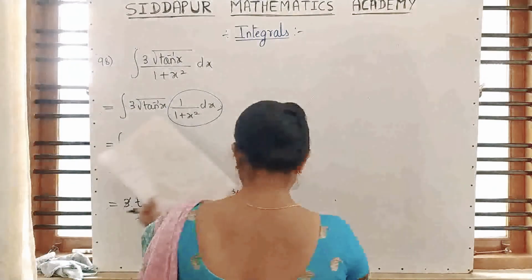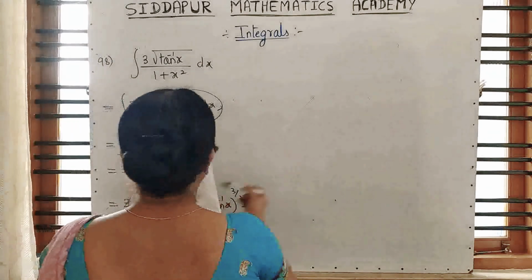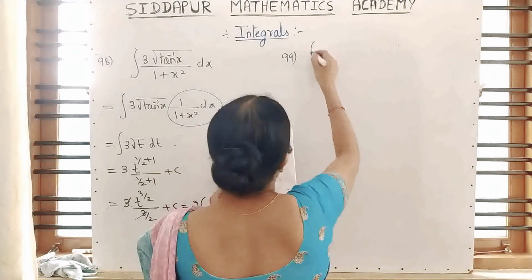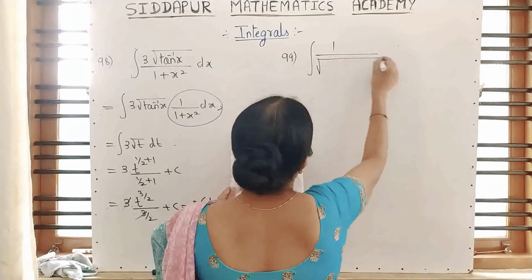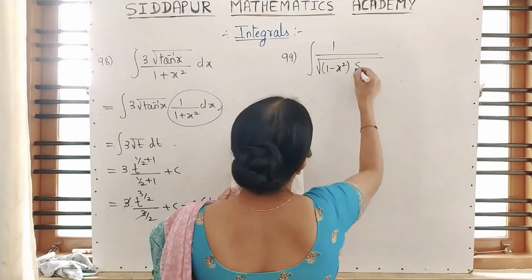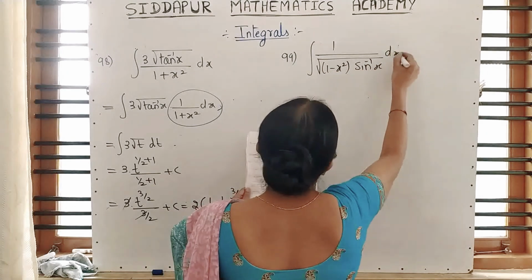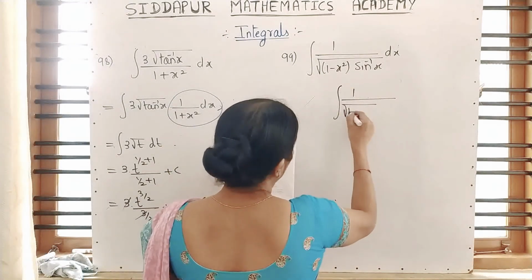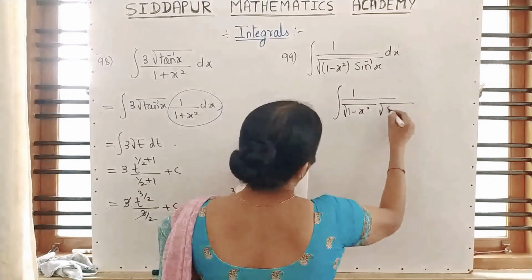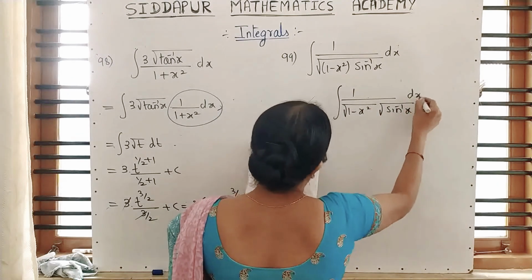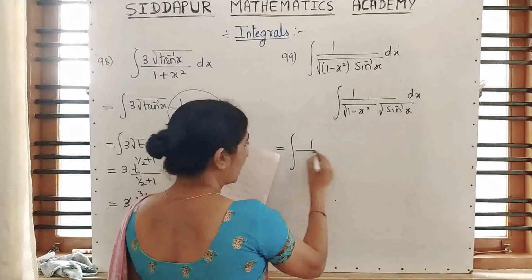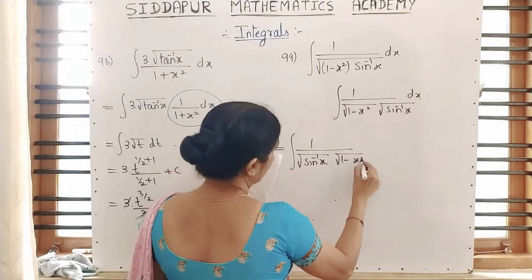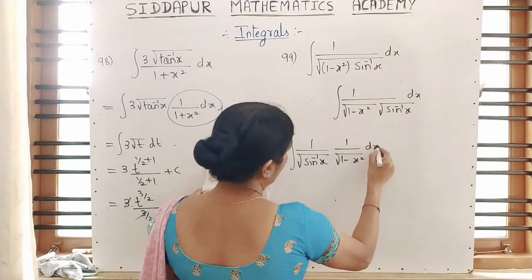Moving to the next question. Question number 99. Root of 1 minus x square into sine inverse x. This we can write as, correct or what? For our convenience, I can write one more step for students' sake. If you want, you can write like this also.